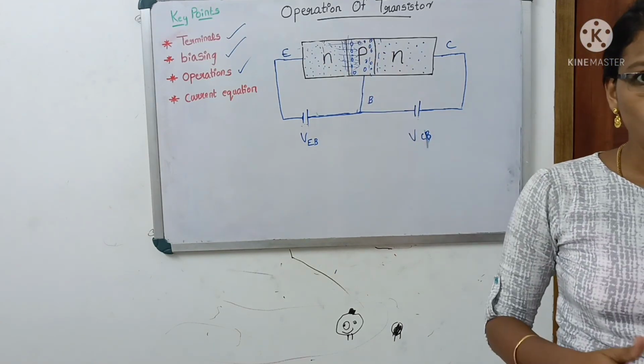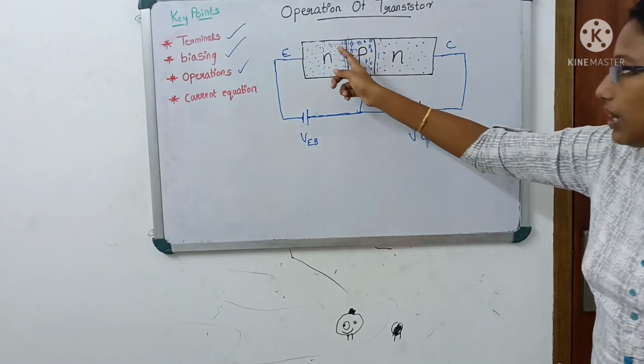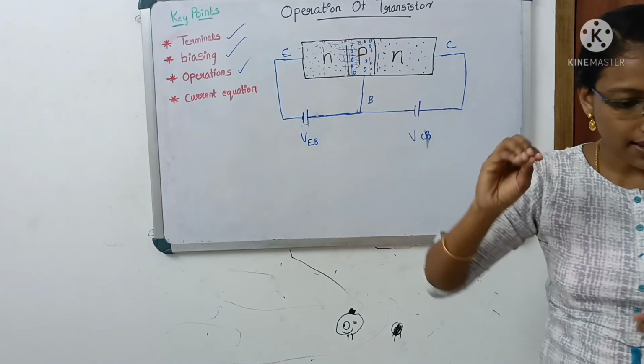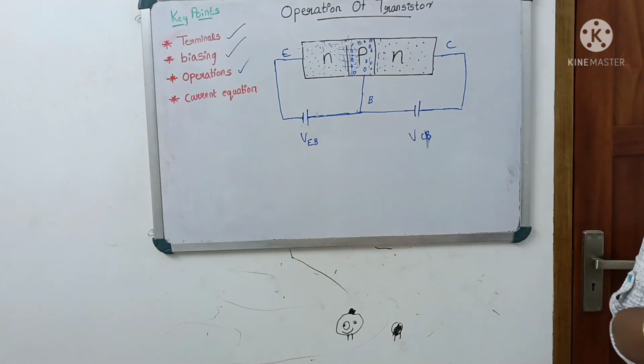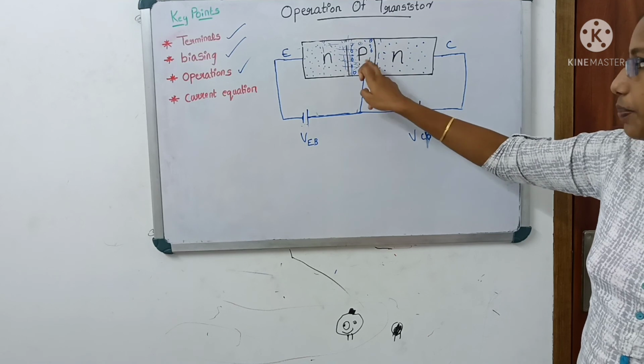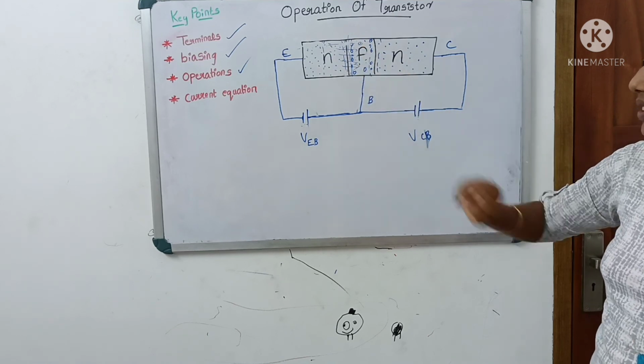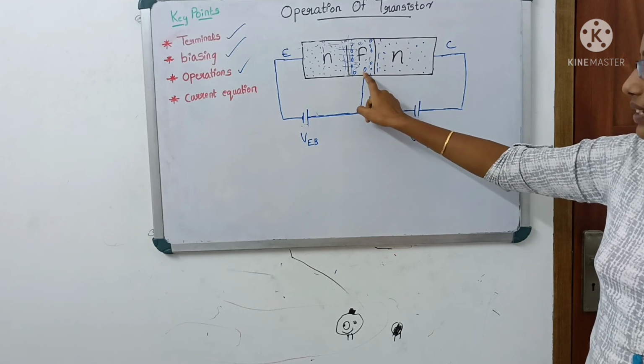Okay, so the injected electrons, when they reach the base region, meet a lightly doped region. Look at this region, it is the P region. Here the majority charge carriers are holes, that is why I am representing it like this.